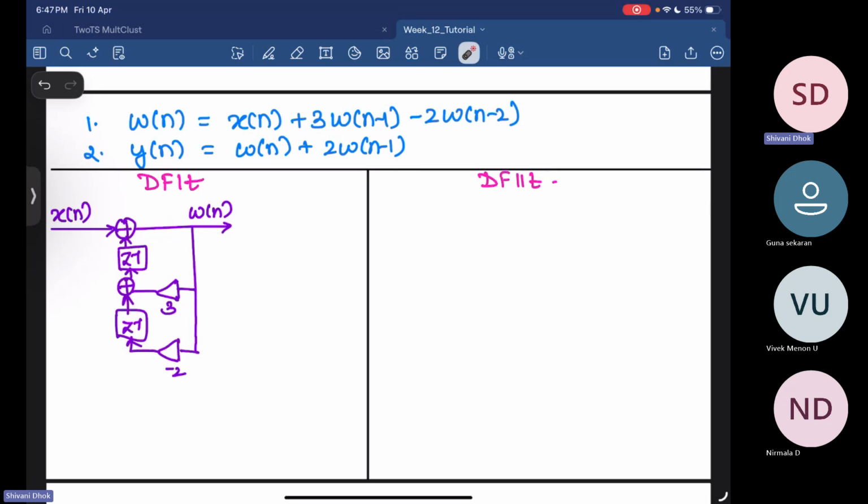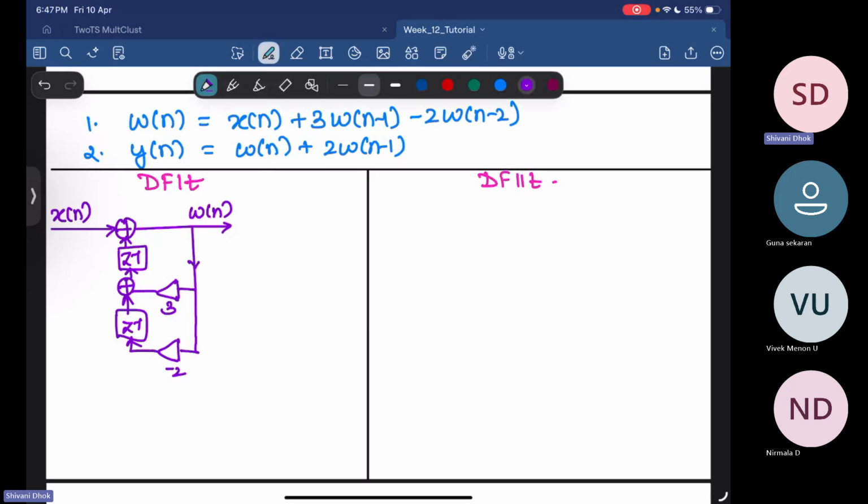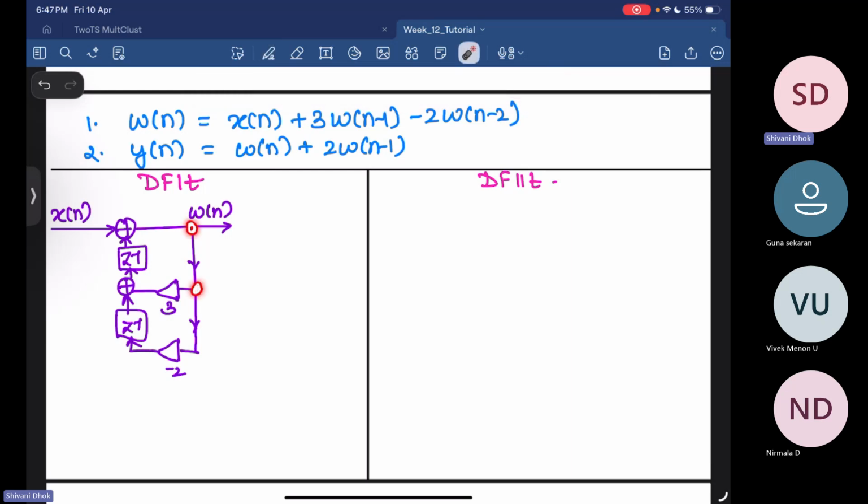Then this w of n, okay, so this particular point is w of n. This is getting carried forward like this. So this is w of n, so this is also w of n. So now for y of n, you have w of n added with 2 times w of n minus 1.